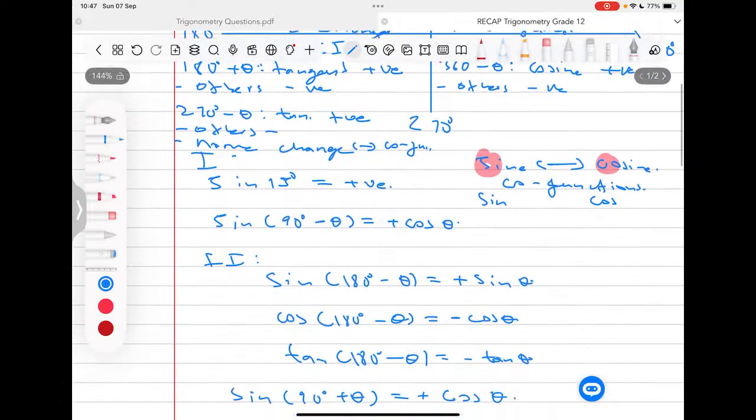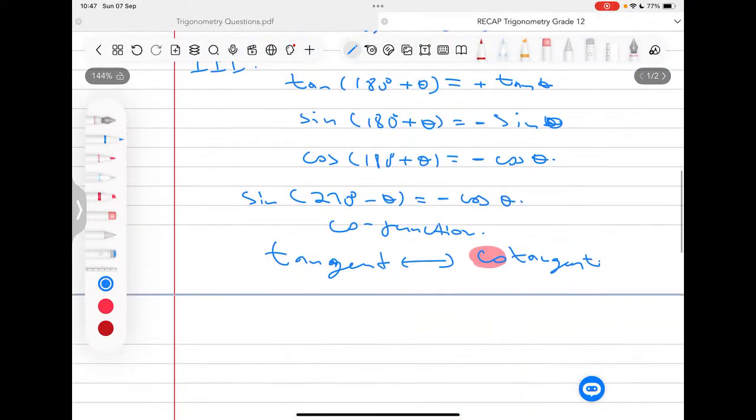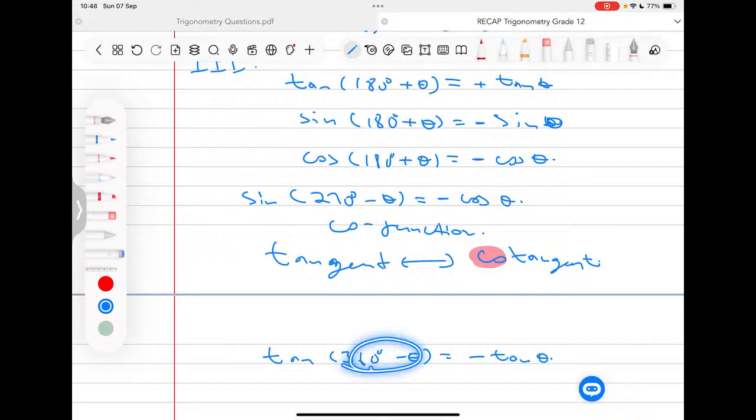Now, if you were to get, let's say, a tangent of 360 degrees minus theta, this will be given by a negative tan theta. Why? Because this is the fourth quadrant, this is a tan, and tan must be negative in the fourth quadrant, and it will reduce down to just tan of the small angle, theta.